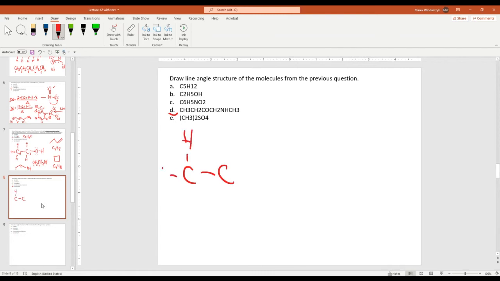This is H, H, H. So this CH3 is connected to CH2, and then CH2 has to have 2 hydrogens. Now we took care of this part here. Now this CH2 is connected to another carbon here that is connected to oxygen, and then another CH2.